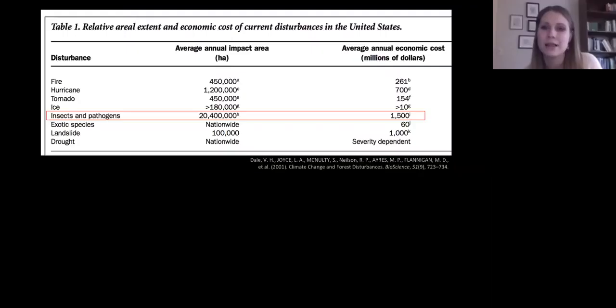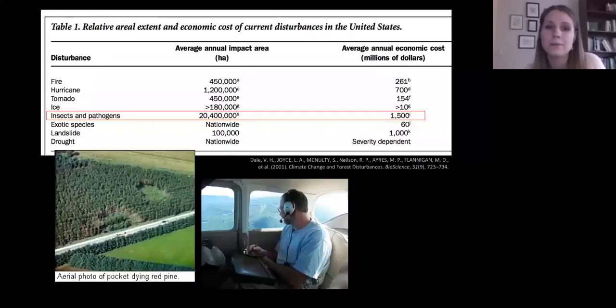There's been estimates that pest and pathogen damage in forests can cost upwards of $1.5 billion and extend over 20 million hectares of impact area, which is an order of magnitude higher than any of the other types of forest disturbance that were assessed in this study by Dale et al. So we know that pest monitoring is a really important topic.